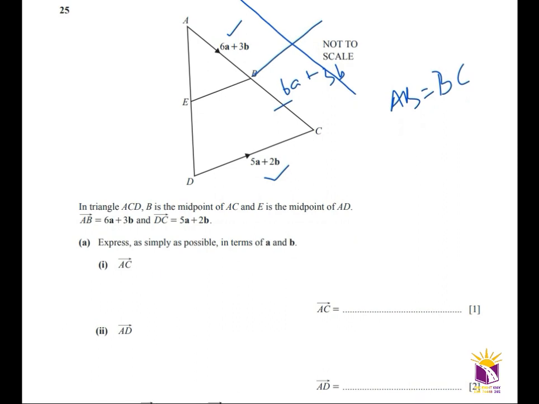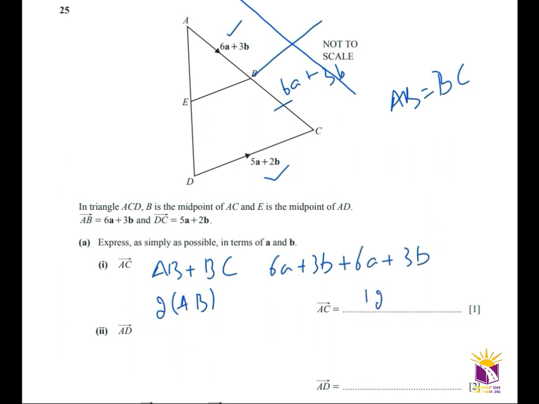So AC will be equal to AB plus BC, or you can write it as 2 times AB, because AB and BC are equal. So it will be equal to 6a plus 3b plus 6a plus 3b, which is 12a plus 6b.